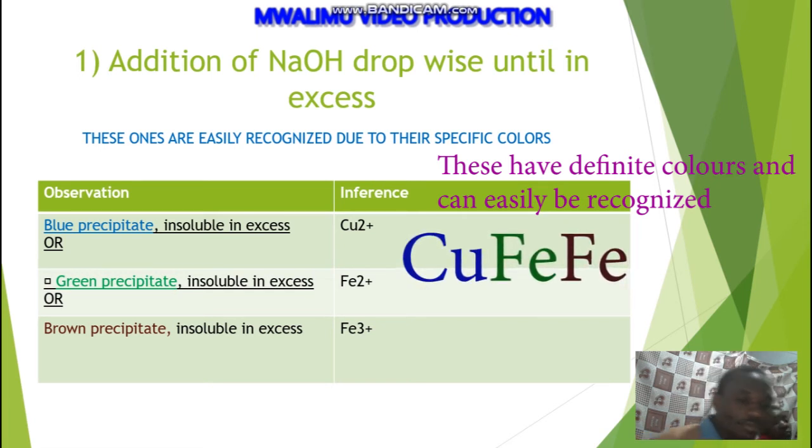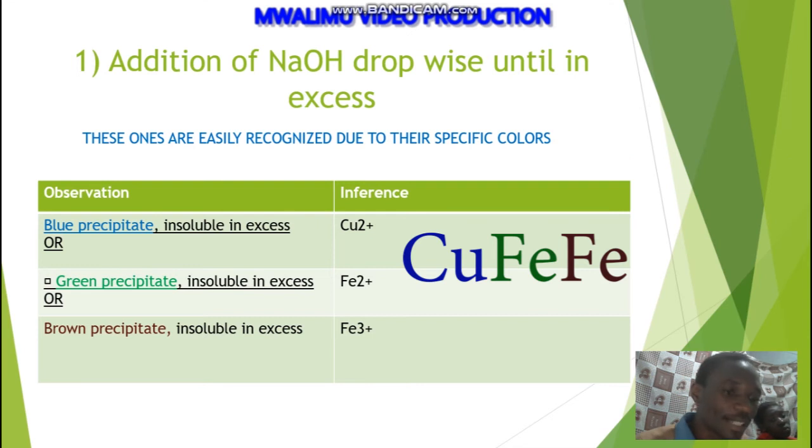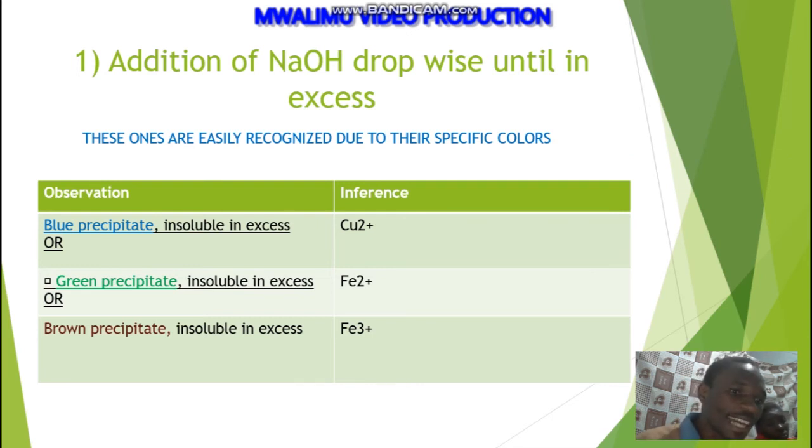And then the other one, if you see a green precipitate insoluble in excess, that one will be iron 2 ions present, okay? Green precipitate implies that there will be presence of iron 2 ions.